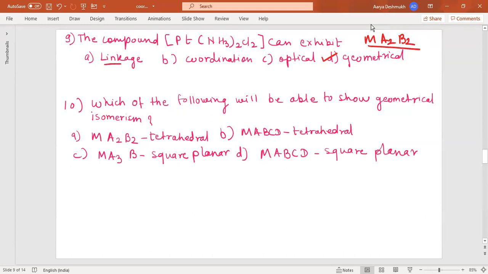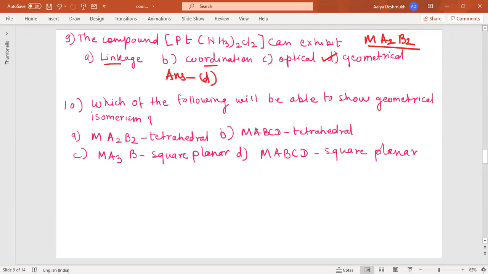There is no linkage, no coordination, no optical isomerism. This is actually a square planar complex. Square planar complexes do not show optical isomerism, remember. So the answer for this will be D.